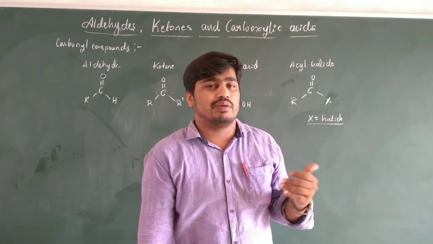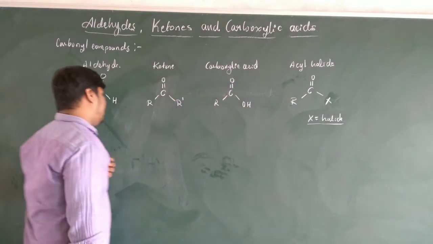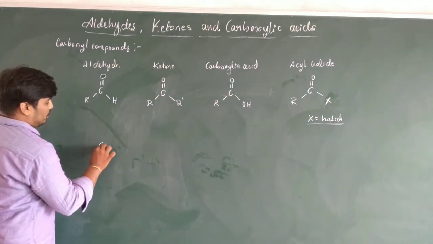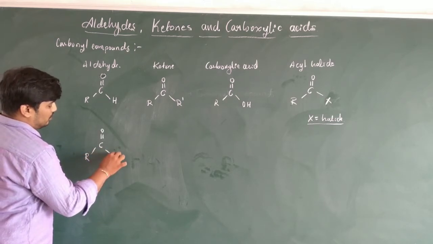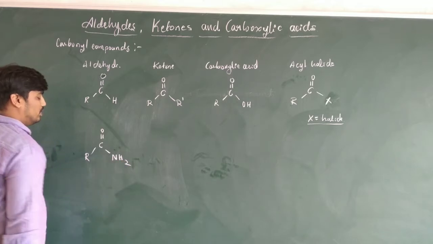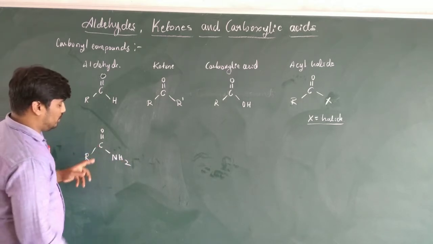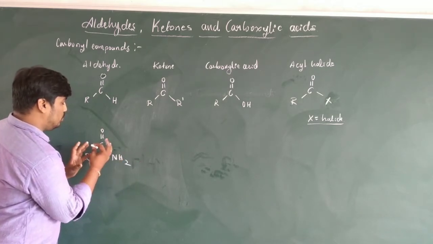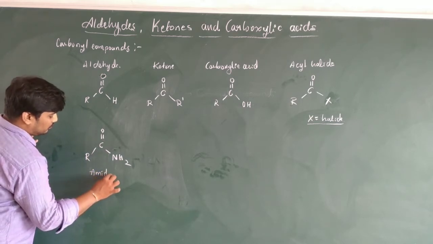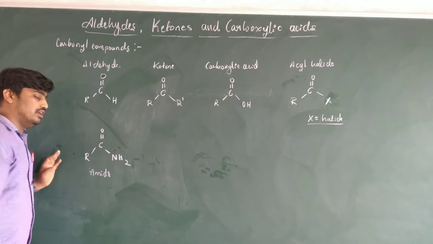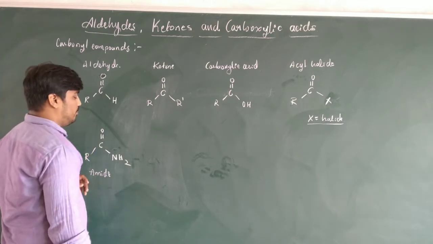Ammonia derivative means amines and like that. At that condition, the compound is known as, suppose NH2 is attached to carbonyl. The NH2 moiety is attached to the carbonyl carbon, then we call it an amide. It is the general formula of an amide.